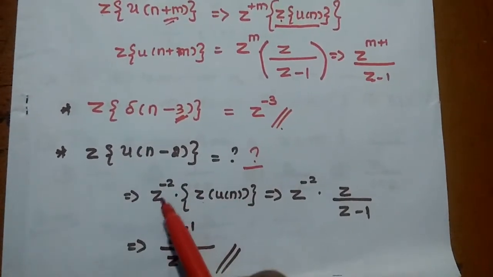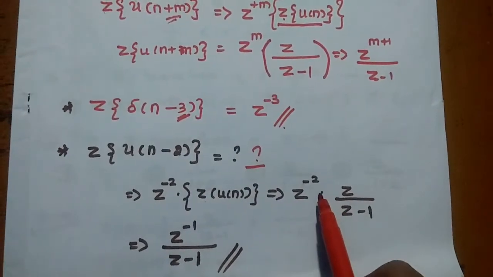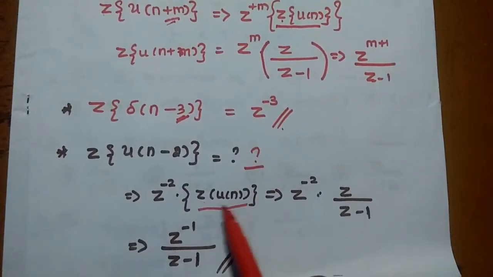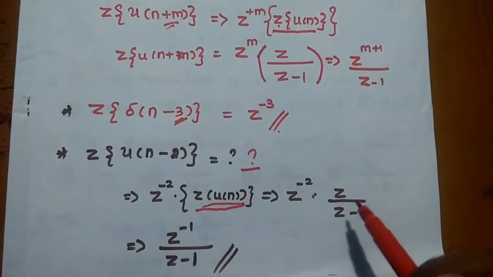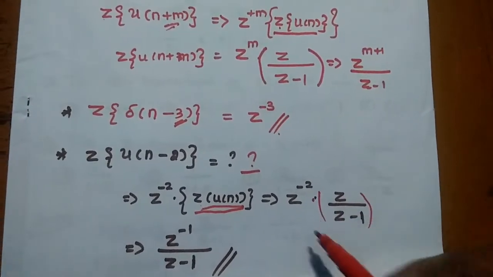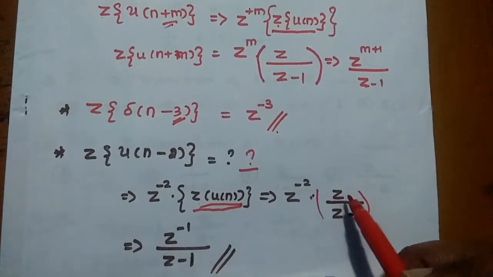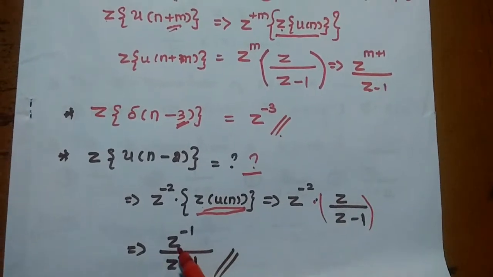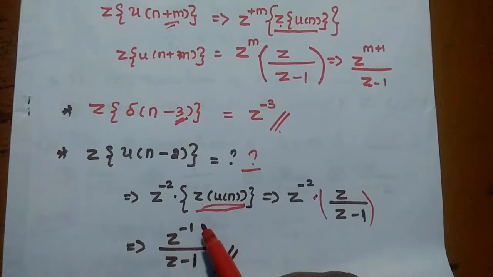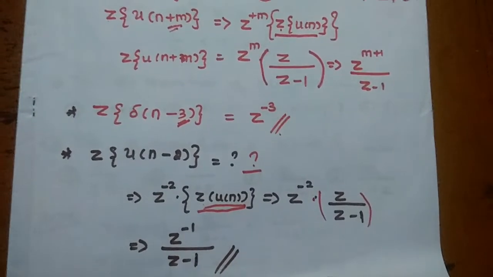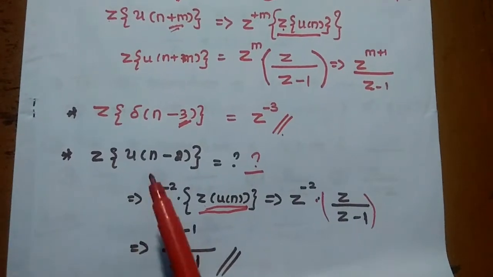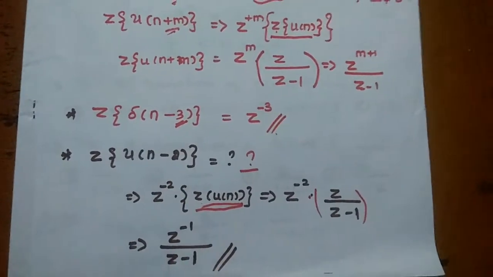So z power minus 2 into the Z transform of u of n, which is z by z minus 1. So z power minus 2 into z is z power minus 1, divided by z minus 1. This is the answer for the Z transform of u of n minus 2.